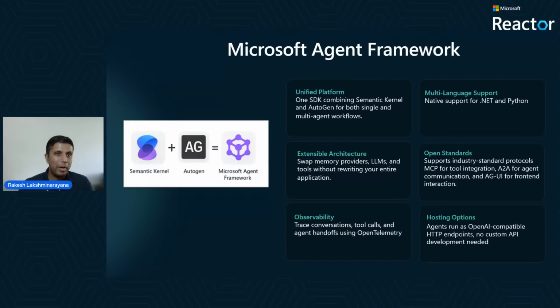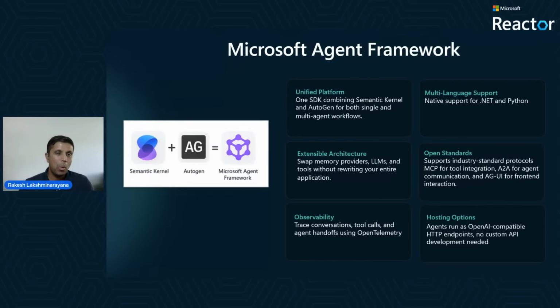You also have middleware support that you can introduce to intercept some of the steps in the execution path. It's built on open standards. It supports MCP, A2A for agent to agent communication, and also AGUI. We will be looking at AGUI in the later demos.